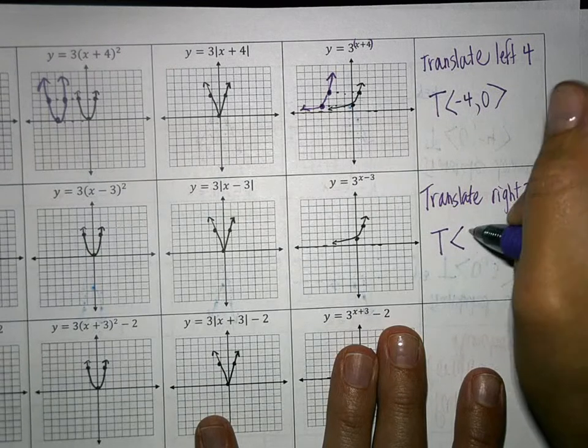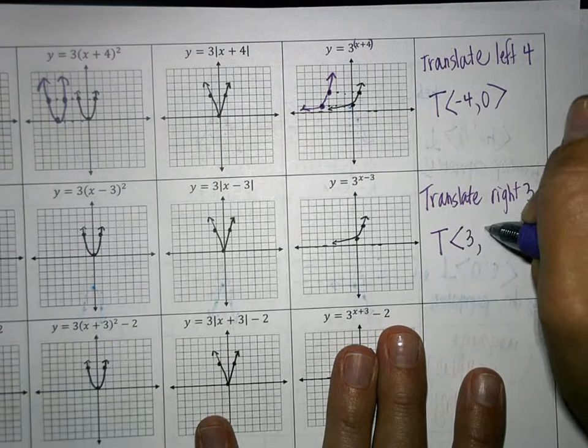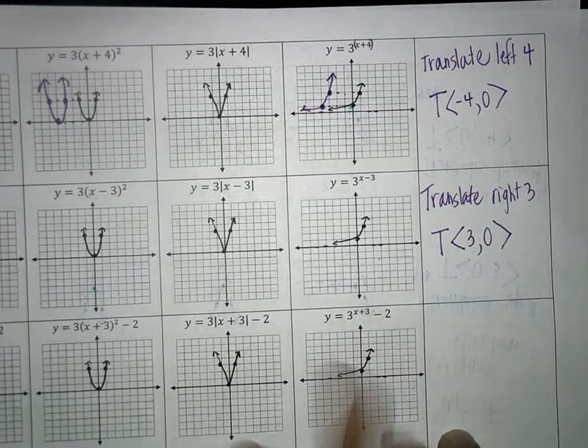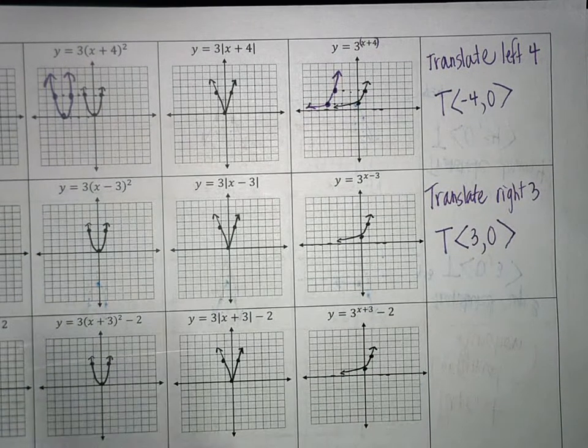Positive 3, good, and 0. Okay, so go ahead and choose 2 graphs. I'm going to give you 1 minute to do that, and I'm just going to walk around. You can even do the function one at the first part. Does anybody have questions right now?